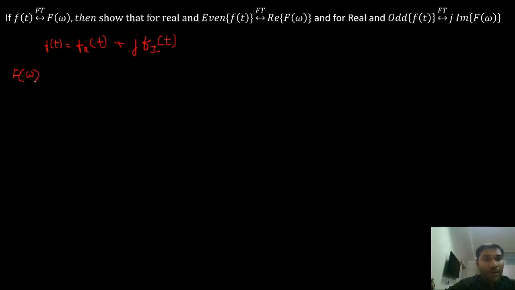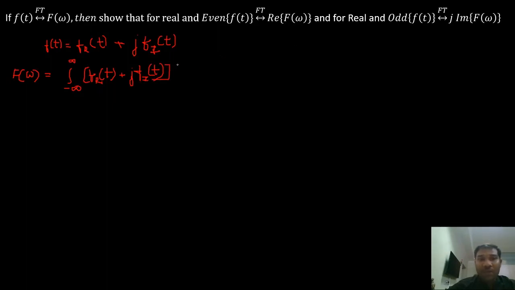F of omega is the integral from minus infinity to infinity. In place of f of t, I am going to substitute this one, right? So I'll write f r of t plus j f I of t, into e power minus j omega t.